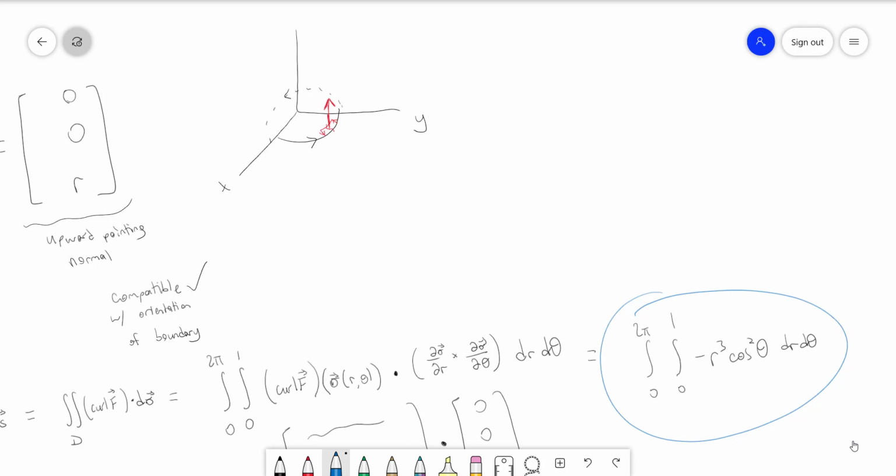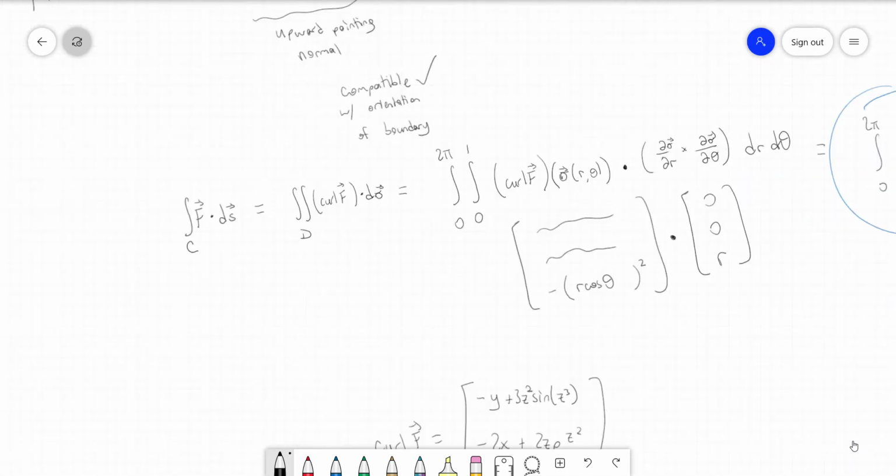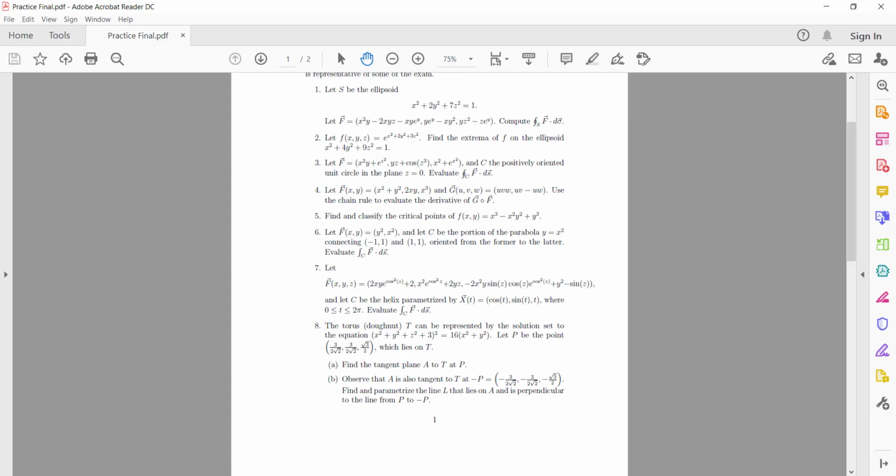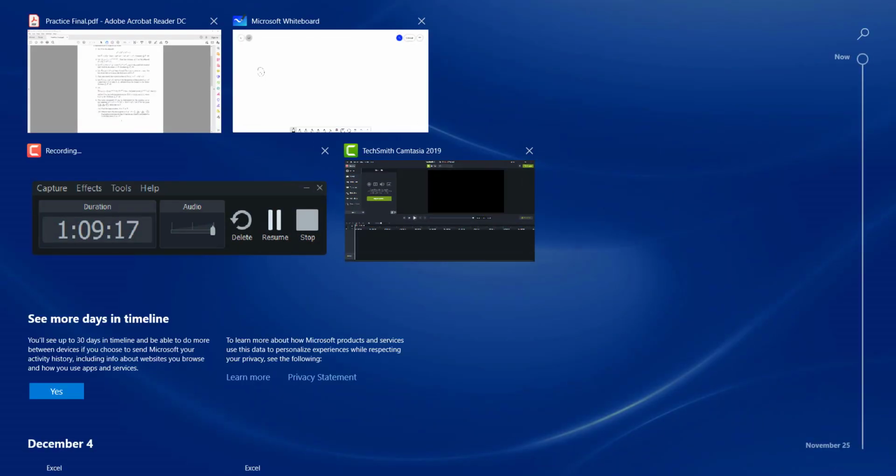Okay, so that was number 3. Let's look at number 4. We're given these two functions f and g, and we're going to calculate the derivative using the chain rule, which is actually pretty easy. Let's remind everyone how that works. This was f.